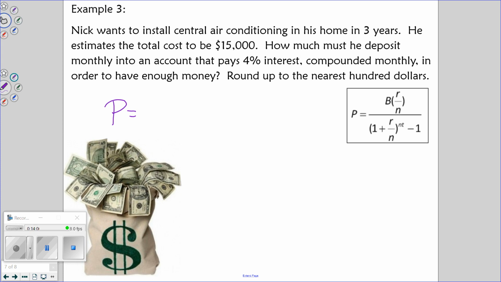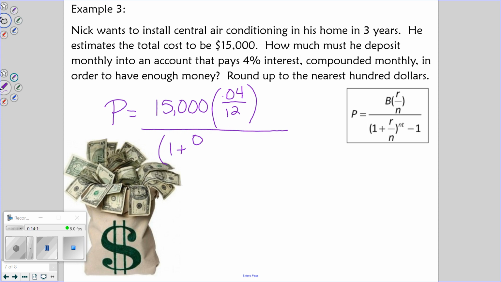All right, so let's practice this lovely formula. So P equals, the balance I want is 15,000 times my rate, 0.04, divided by, if it's compounded monthly, what number is that? 12. All over 1 plus my rate again, 0.04, divided by 12.